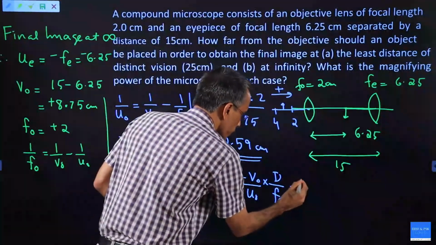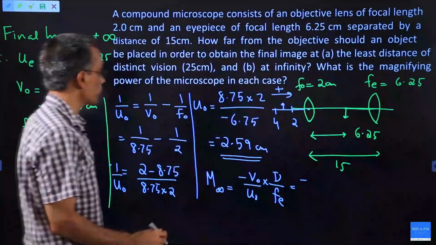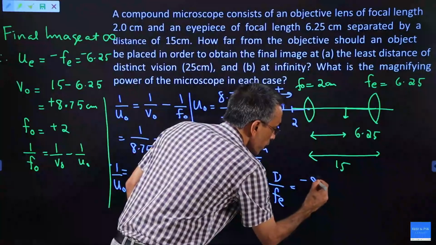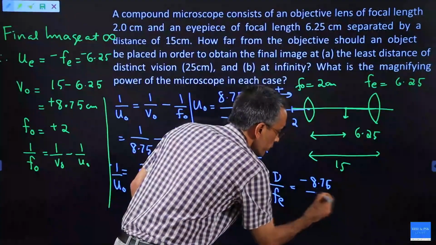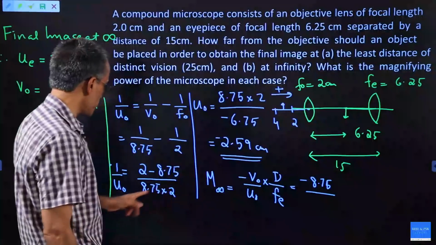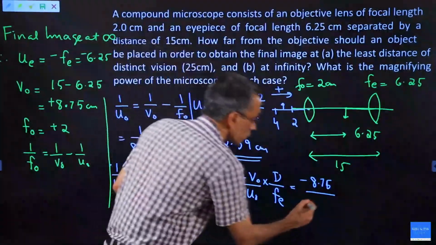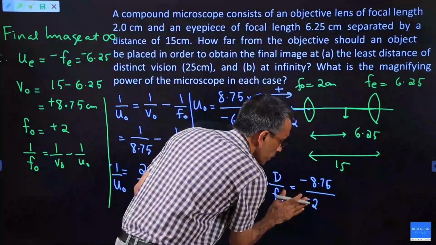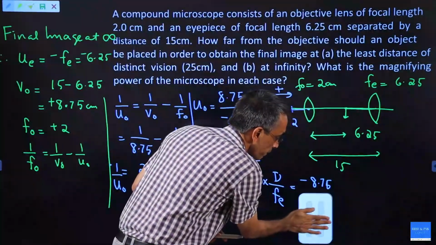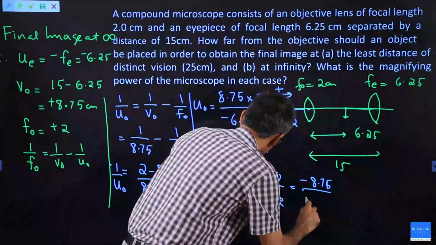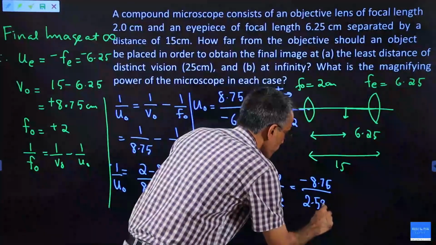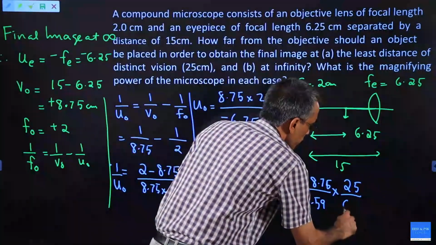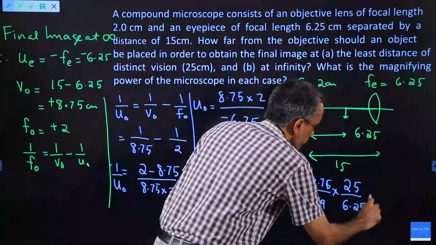Now this can be calculated like this: minus, v of the objective is 8.75, divided by u of the objective, which we calculated as 2.59, into D, which is 25, divided by 6.25.